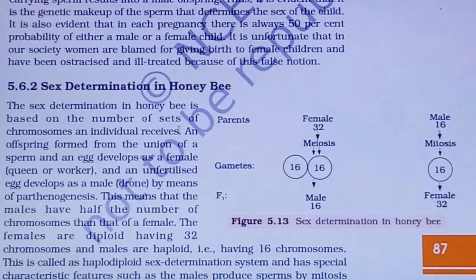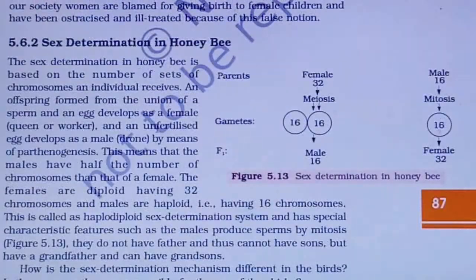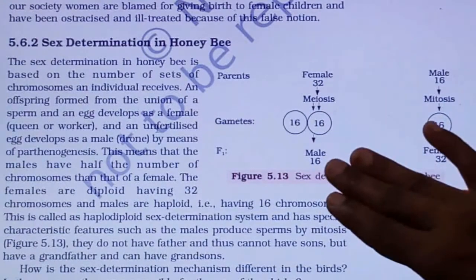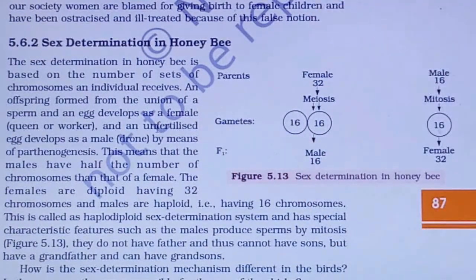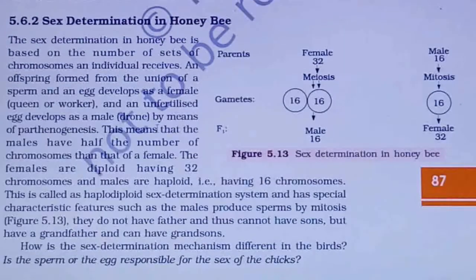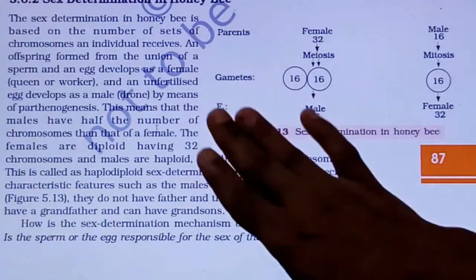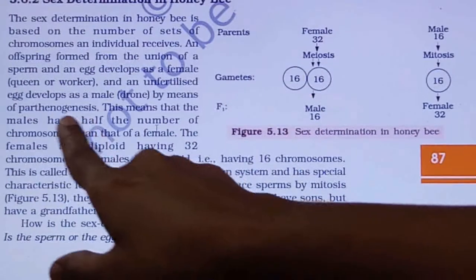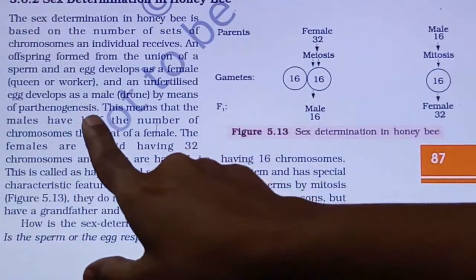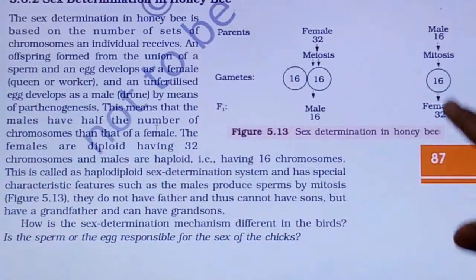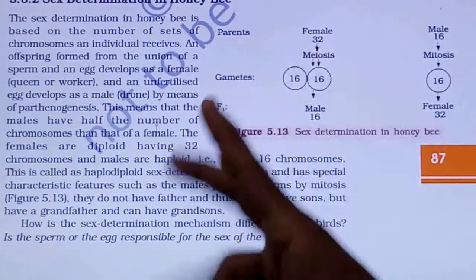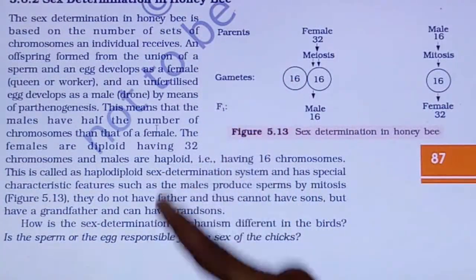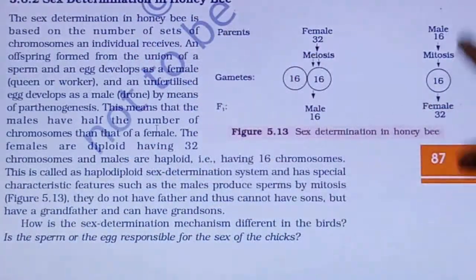So like that a question will be asked. Every son has no father, only grandparents. That process is known as parthenogenesis. What is meant by parthenogenesis? Reproduction without fertilization. So a 1 mark, 2 mark or 3 mark question will be asked on sex determination in honeybee.